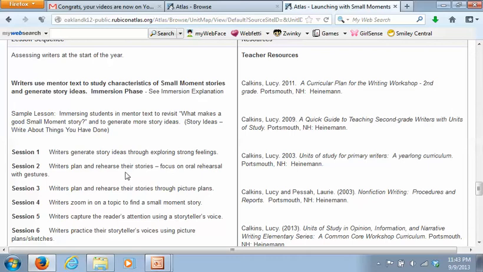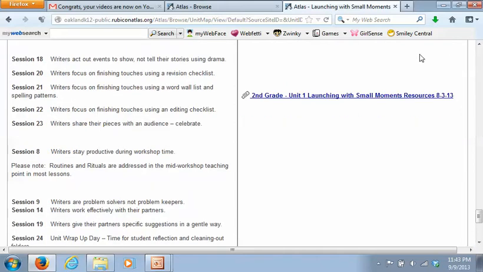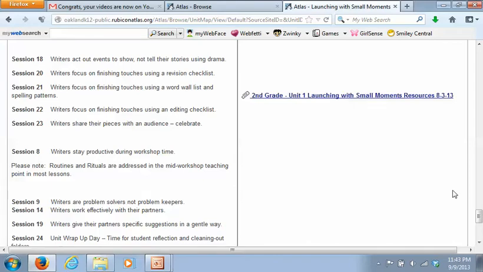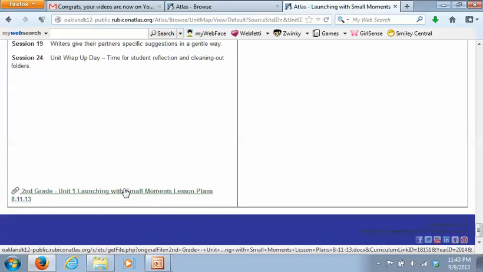And then you'll have a unit at a glance with the sessions, the teaching points, which absolutely are learning targets as well, right here at a glance in a list. The professional resources are on the right, and then you have two links, and the videos to follow will be one teacher to teacher talking about the resources that are attached, both the supplemental resources and then especially the lesson plans.